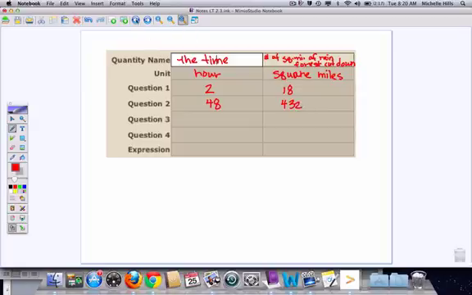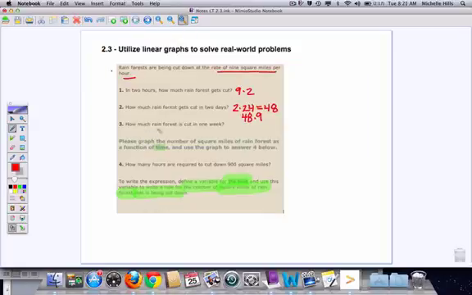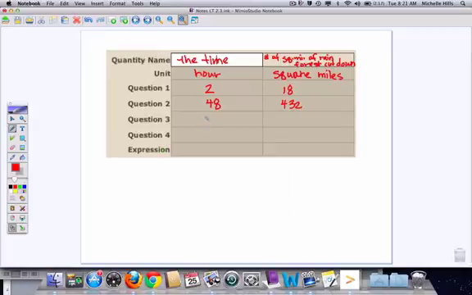And then I go back and it says, how much rainforest is cut down in 1 week? Well, now I have to figure out how many hours in 1 week. Well, there are 24 hours per day, 7 days per week. So if I take 24 times 7, I get 168. So that's going to be 168 hours.